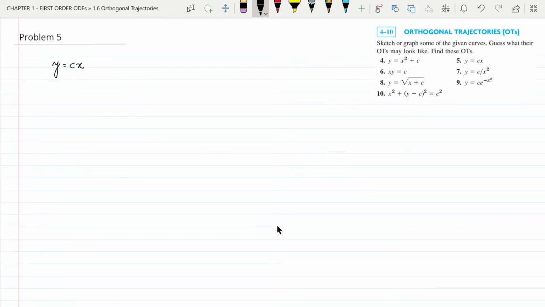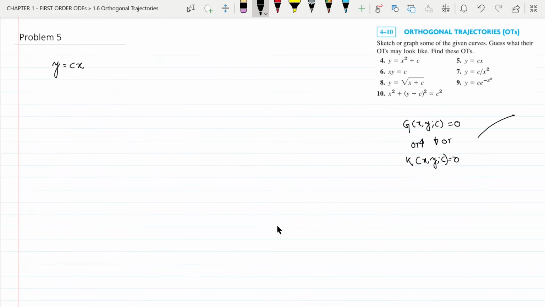Let me tell you an important fact. For the set of curves or family of curves g(x, y, c) equal to 0, if the orthogonal trajectory is k(x, y, c) equal to 0, then vice versa is also true. That means for k, the orthogonal trajectory is g(x, y, c) equal to 0.